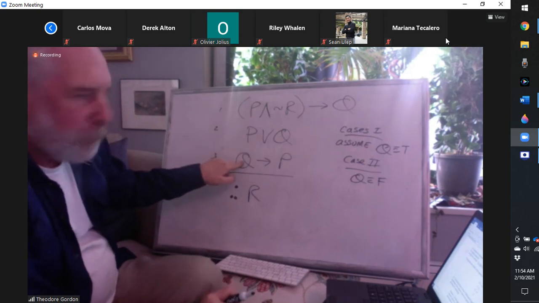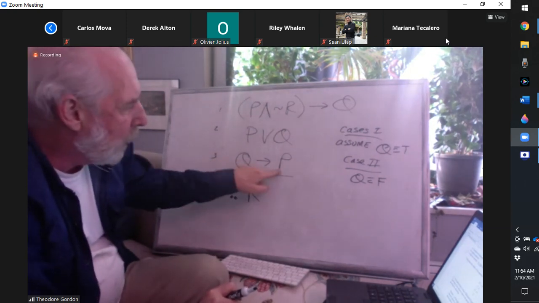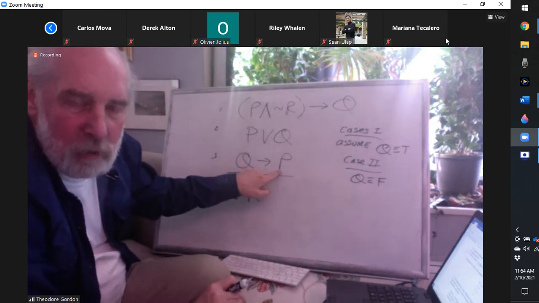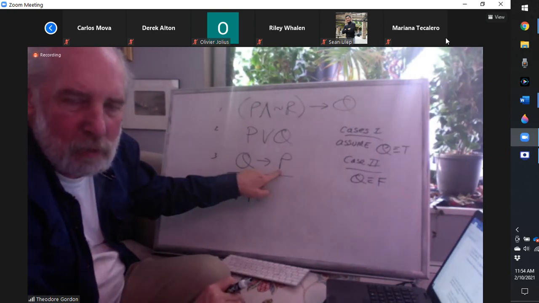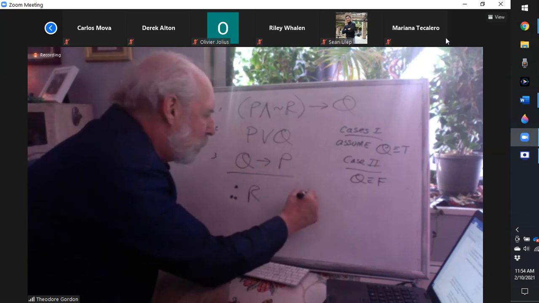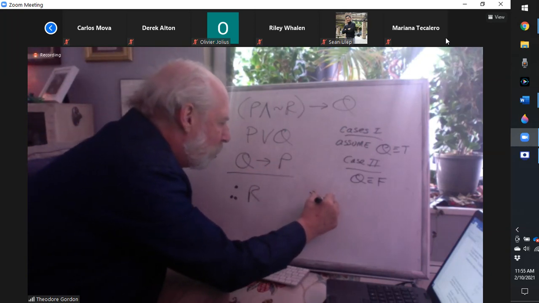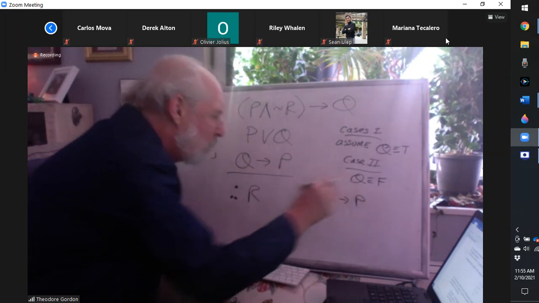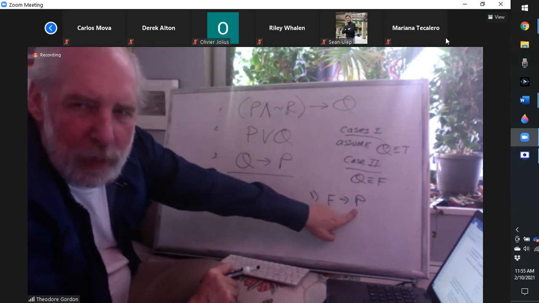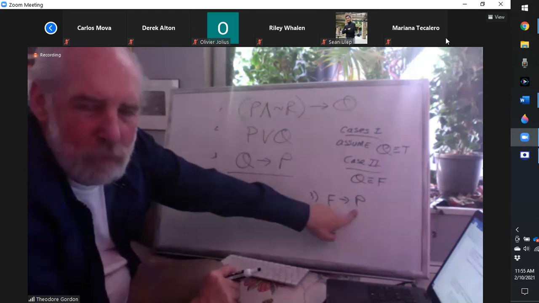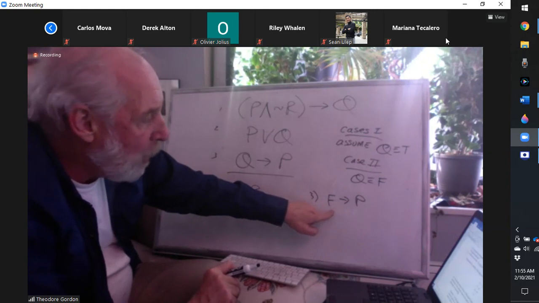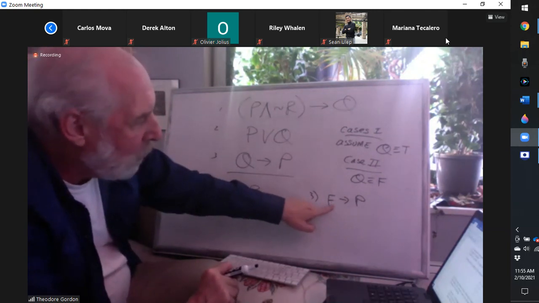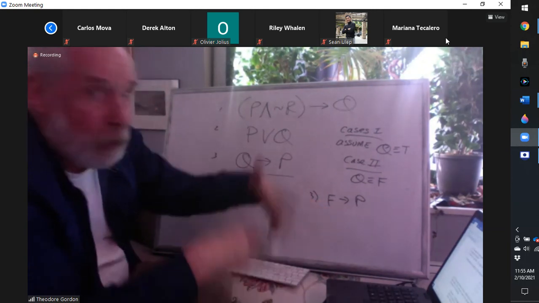Now, if this is false, can we make any conclusion about this? From premise 3, if we have false, then P, can we make any conclusion about P? No. If an if-then starts with false, it's always true.